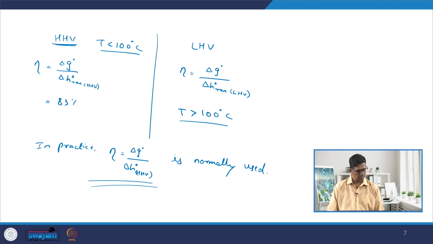So, we have been doing it right. We have been using this efficiency as 83%, wherein the enthalpy of the reaction is the higher heating value.